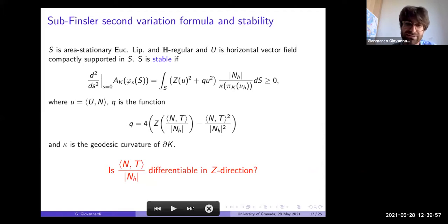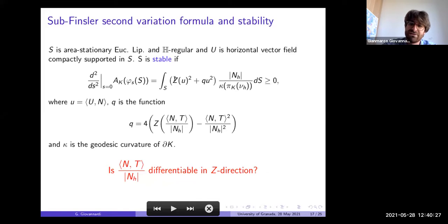The second derivative of the area functional is the integral over the surface S of Zu squared plus Qu squared, multiplied by this factor, and it is greater than 0. This is the stability condition.